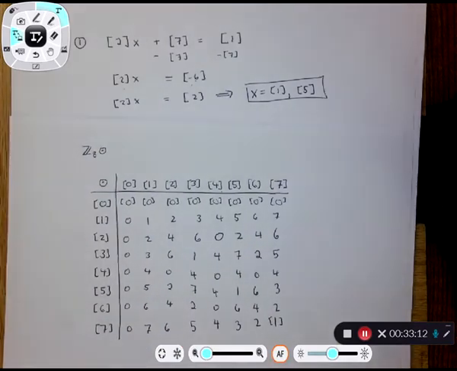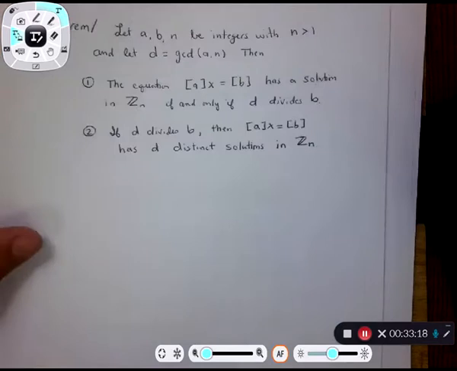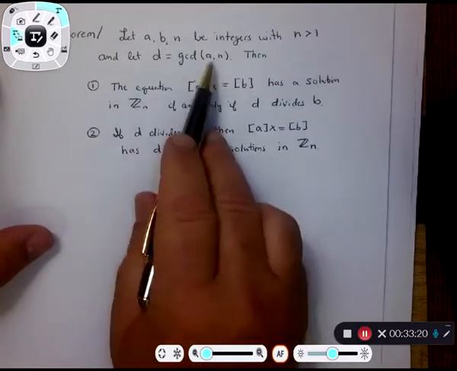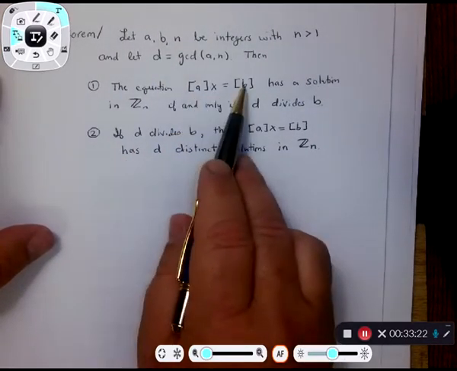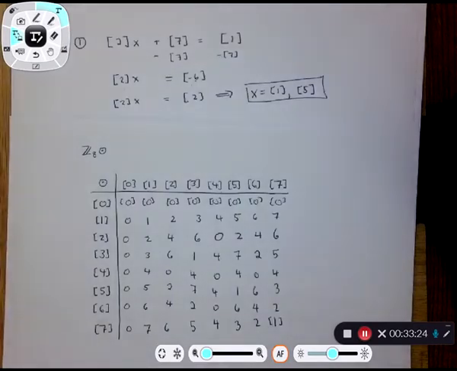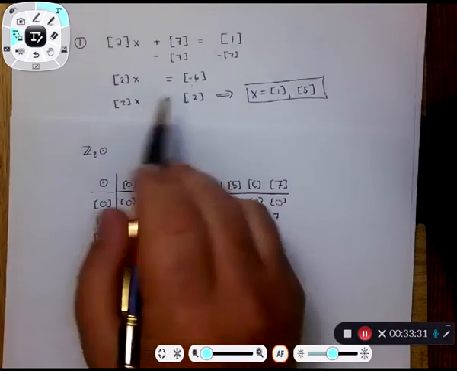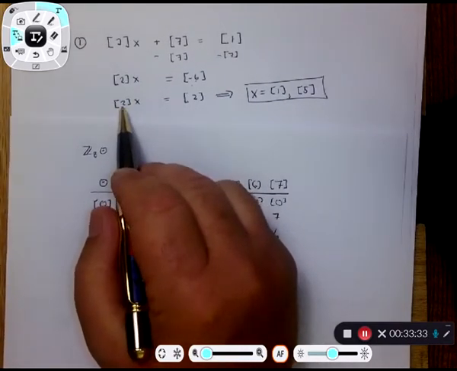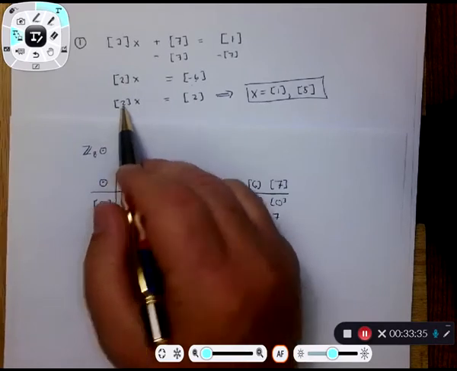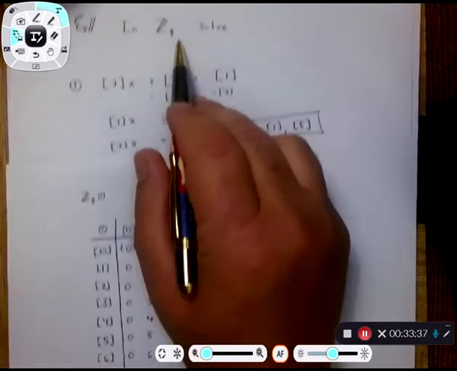Now going back to that theorem that we were just discussing about the idea of the GCD of the mod number with the leading coefficient and the b, let's take a look at that guy. You had to get the equation as ax equals b. Look here. 2 is the leading coefficient in front of the x. That's your a. Your n is 8.